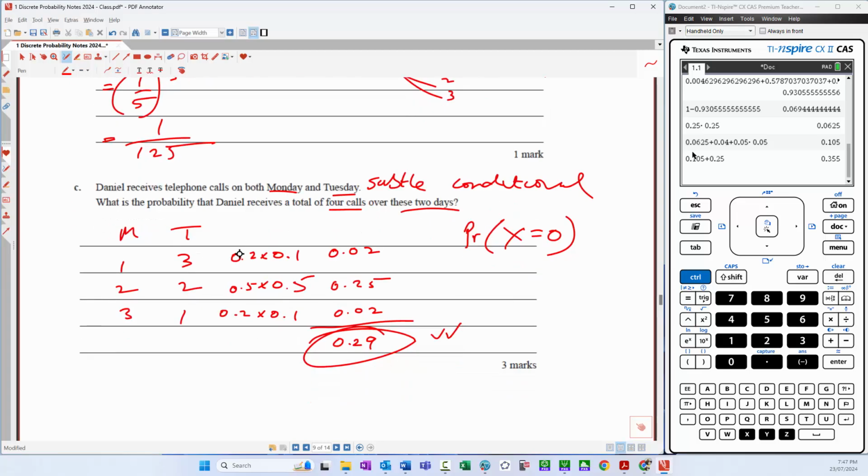So what we're going to do is we know that this is the probability that he receives 4 phone calls, and all we're going to do is divide it by the chance of him receiving a call on Monday and Tuesday.